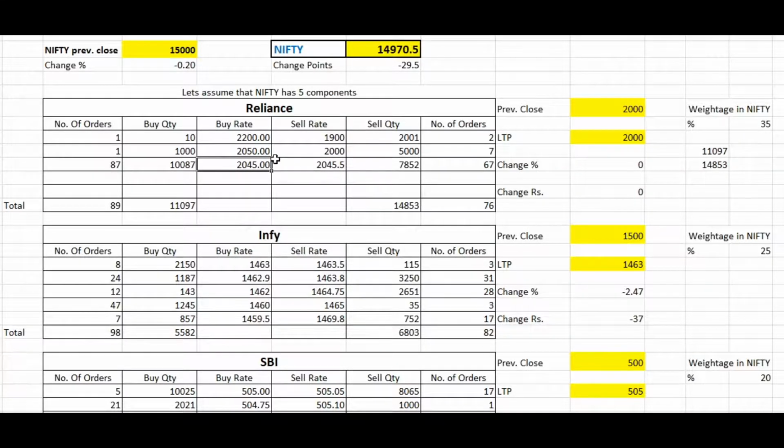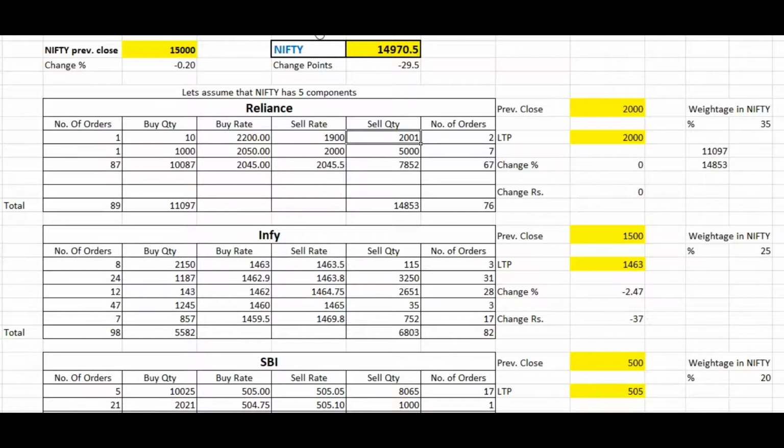All the buyers' rates will be averaged at 2045 because he has the best buyer rate and the highest buyer quantity. So this quantity of 5000 plus 2001, 7001, will be matched with this quantity.